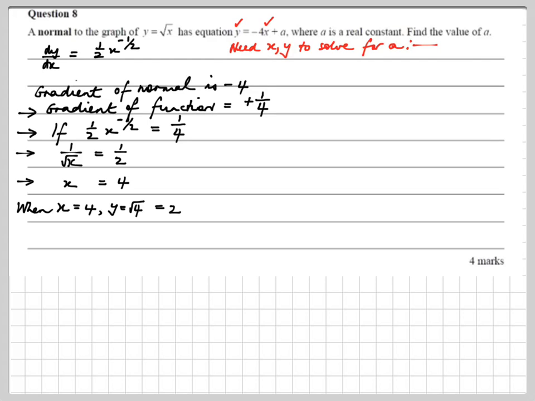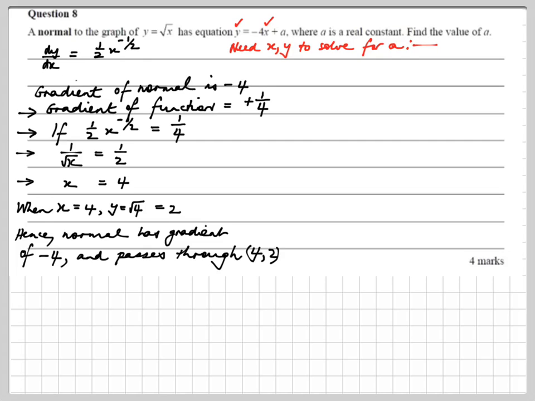Now I've got x and y, and I can put them into the normal equation and solve it for a. The normal passes through (4, 2), because it passes through the same point on the curve, as it is the normal to the curve.